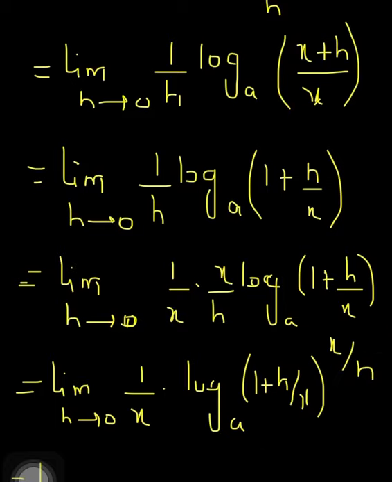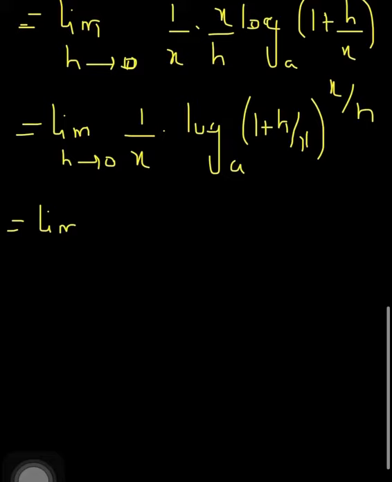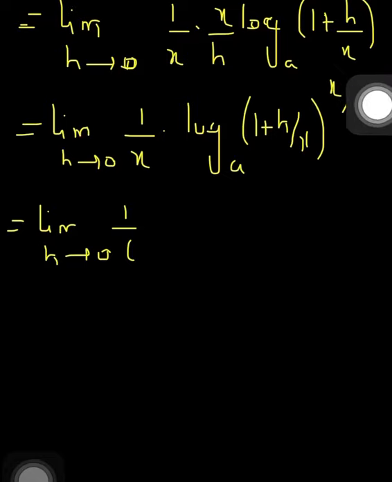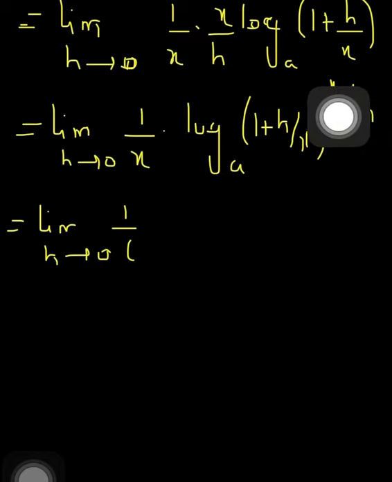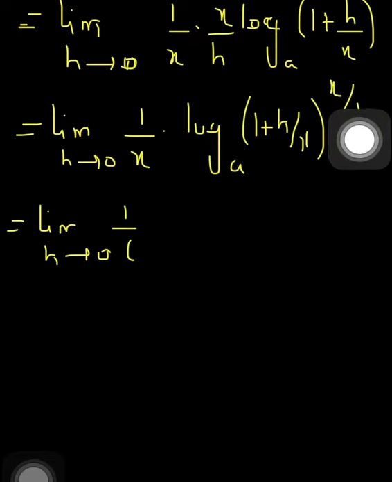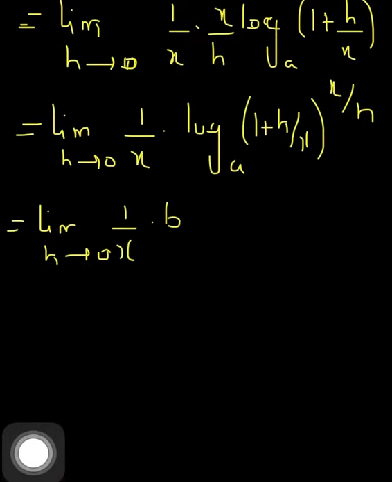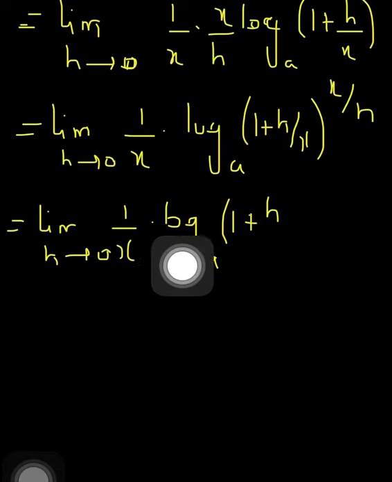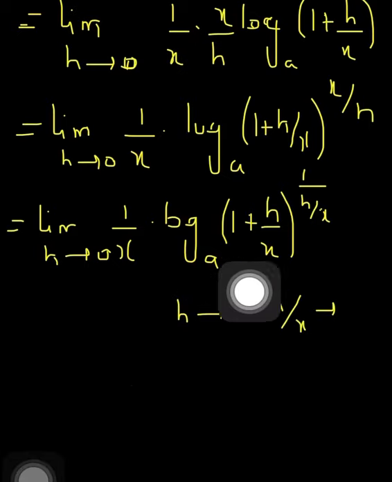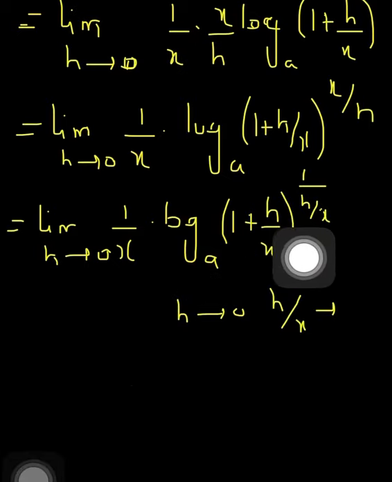In the next step, I make this function, if this is h over x, I reverse this expression, so if I divide x by h, I get 1 over h over x. As you can see on your screen, here is log base a of 1 plus h over x to the power 1 over h over x.